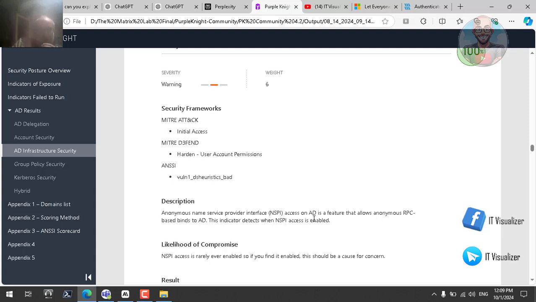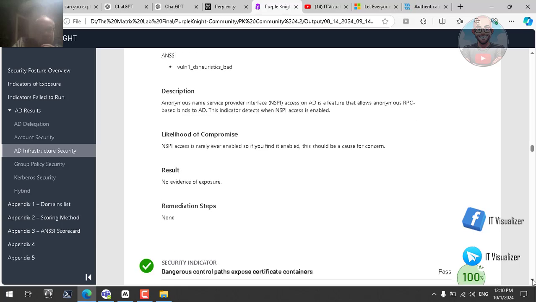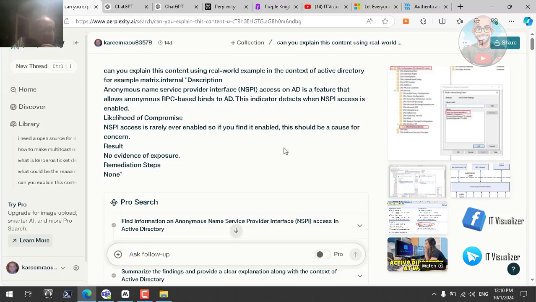We see the AI tool explaining this feature, NSPI, and saying that NSPI access is rarely ever enabled, so if you find it enabled, it should be a cause for concern. So we need to ask Perplexity to explain this topic.